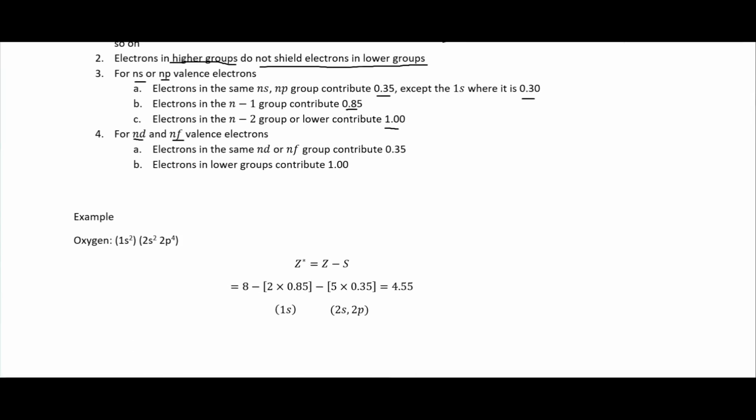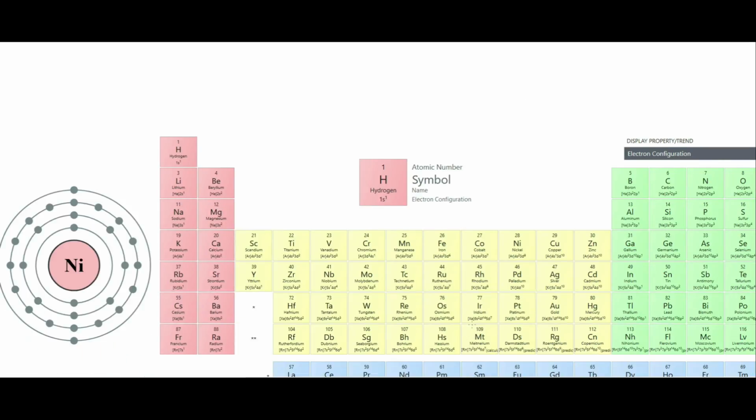So, a few examples. This one is already worked. For oxygen, if we wanted to look at what we are experiencing for a 2p orbital, we have 8 here, the number of protons that oxygen has.